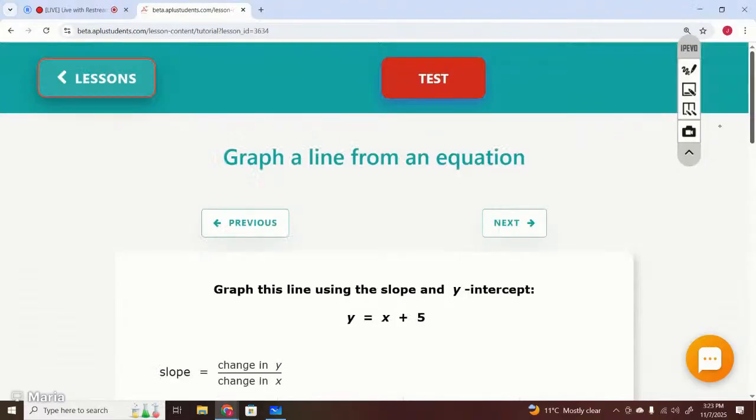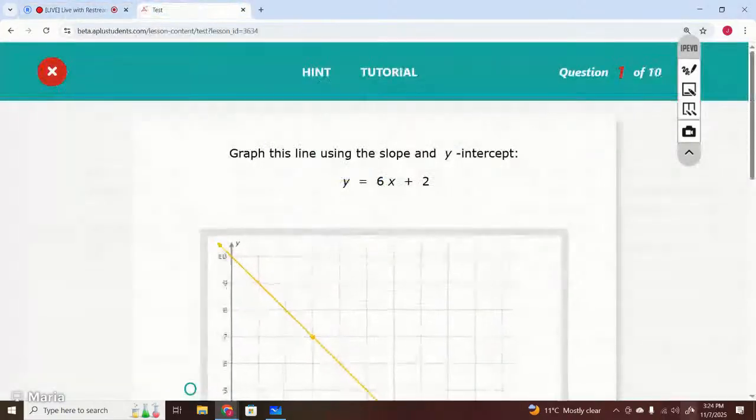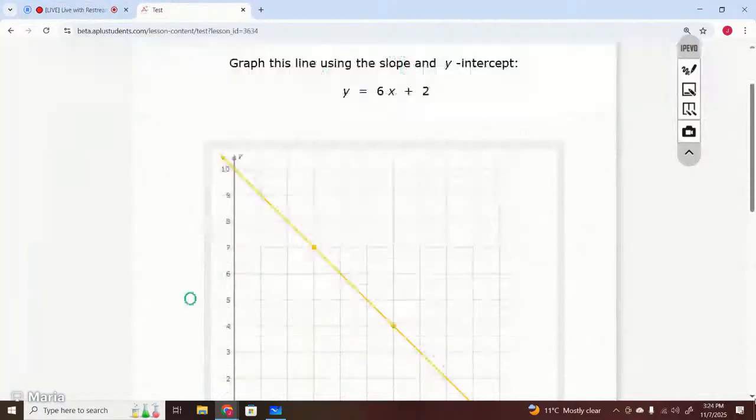Okay, let's just start with the test questions. Graph the line using the slope and y-intercept.